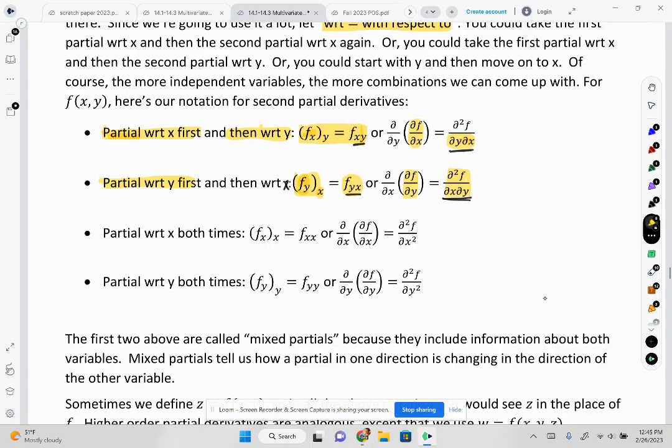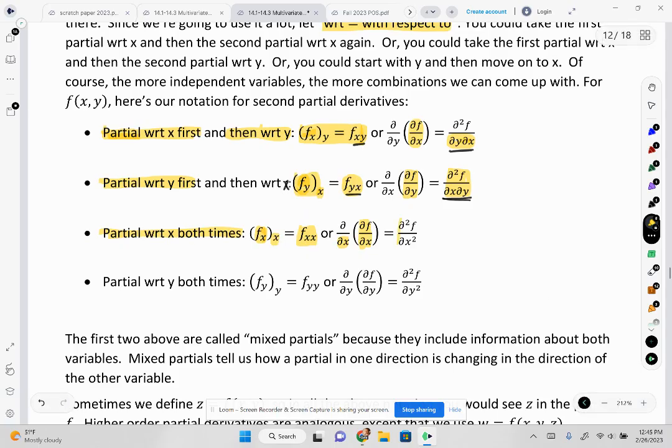Now, if I was to take the partial with respect to x both times, that would mean I've got f sub x on the inside of the parentheses, and on the outside I'm saying, now take the partial of your result. And so we would write it as f sub xx. Similarly, with the Leibniz notation, we have del f del x on the inside, and on the outside, we're going to take another derivative with respect to x.